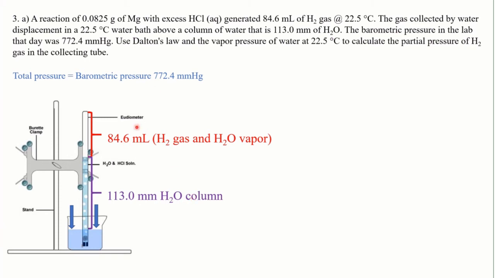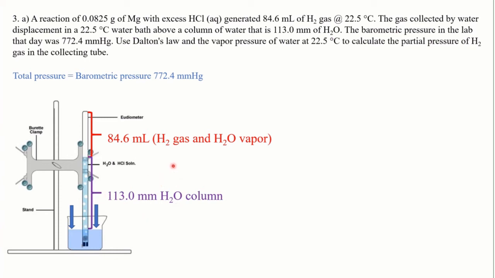So the total pressure, which is 772 millimeters of mercury, is equal to the partial pressure of hydrogen gas plus the pressure of water vapor plus the pressure of this water column.